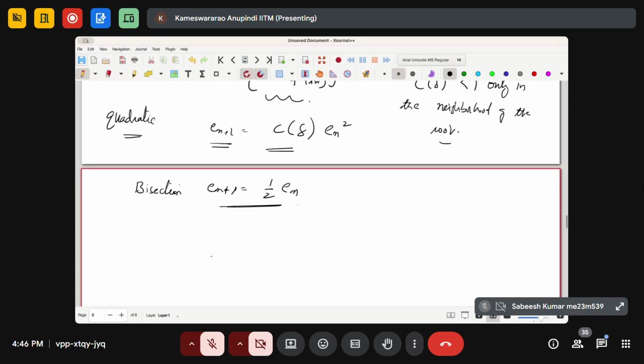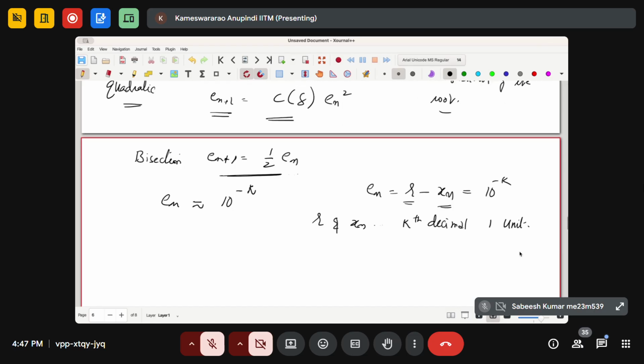Now what does this mean? Let us say my en can be represented as 10 to the minus k. What do I mean by 10 to the minus k? That means my en is r minus xn, where r is the root and xn is the guess value, the iterate value, and the difference between these two I'm writing as 10 to the minus k. That means r and xn are matching up to the kth decimal, and only in the k plus 1th decimal they differ by, let us say, 1 unit.